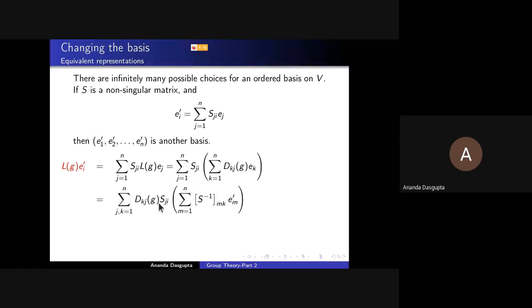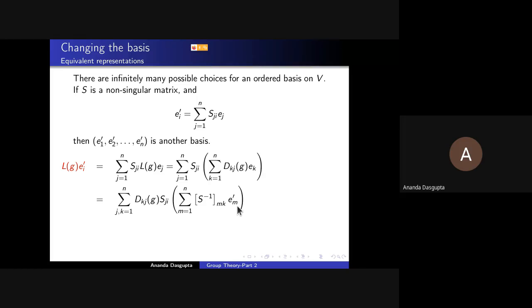So you can just move it out of the sum here and do a sum over J and K, but replace EK by this sum, which is just the inverse of going from EJ to EI prime using S. You go back from EJ to EI prime using the inverse.